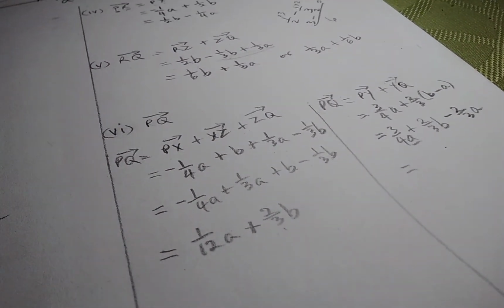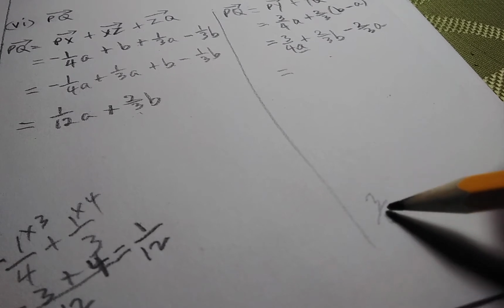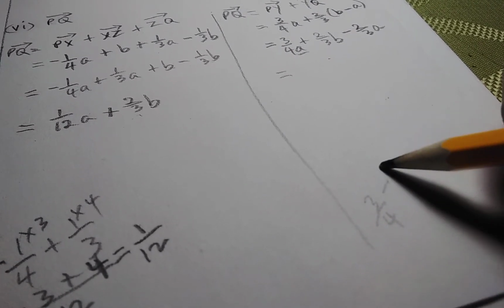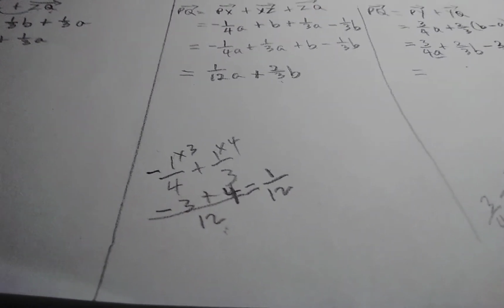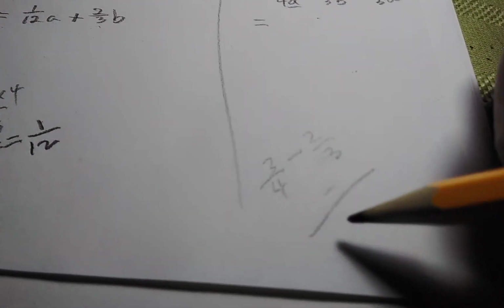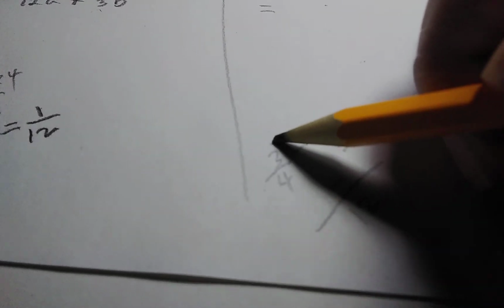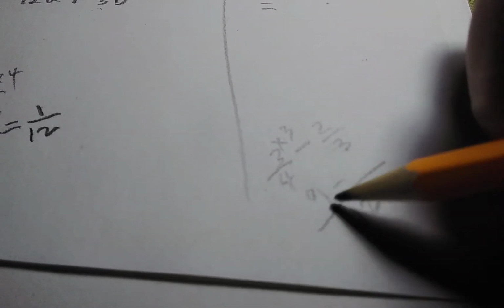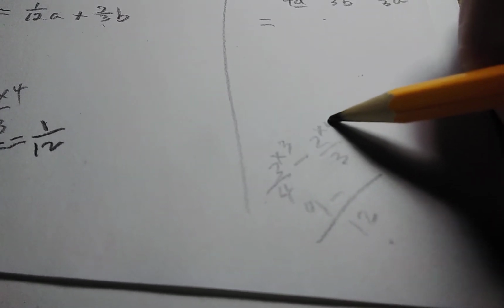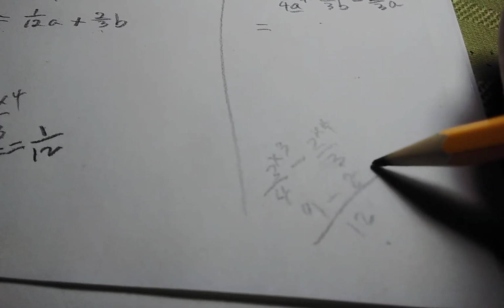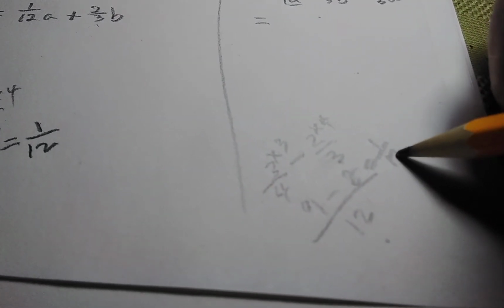And we're going to work out 3/4 minus 2/3. All right, we have the LCM to be 12. 4 into 12 goes 3 times. 3 times 3 is 9. 3 into 12 goes 4 times. 4 times 2 is 8. 8 from 9 is 1/12.